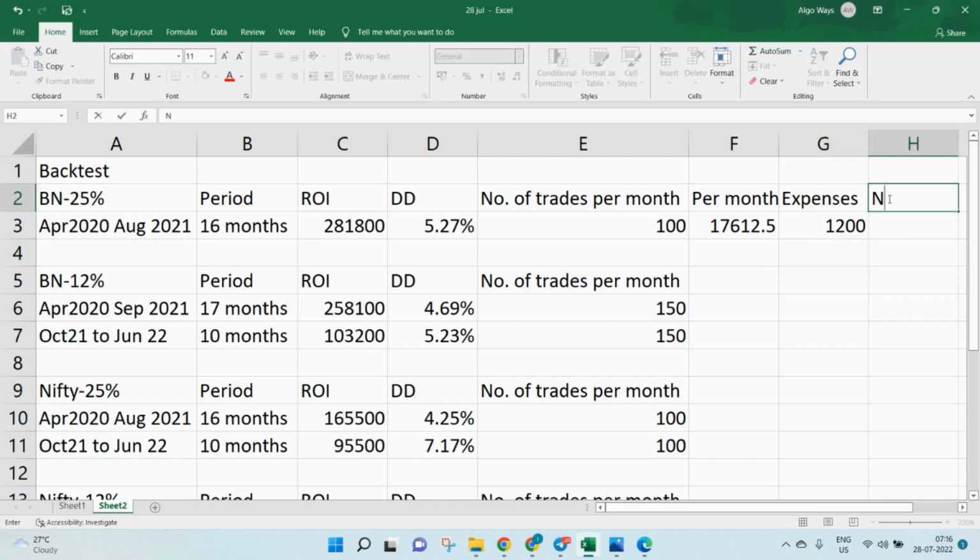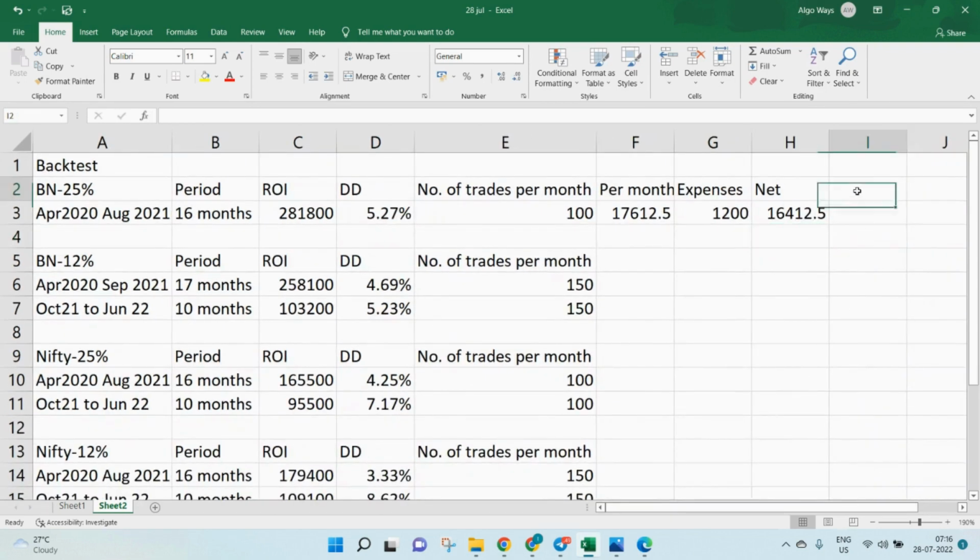So net will be this minus this. Our margin is 1.75 lakhs here. So percentage ROI. Okay, let us reduce 20% against slippages also. So after slippages, this into 0.80.